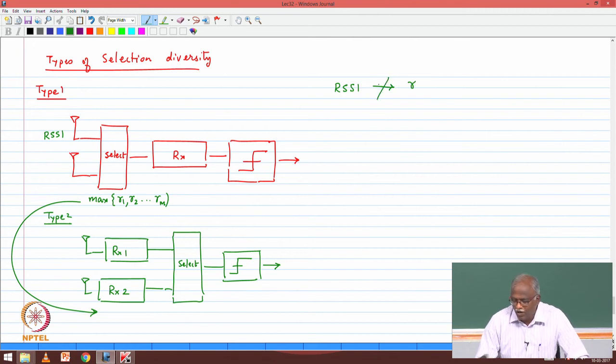Sometimes it's not a good indicator, especially if there's a lot of noise present in the system, you cannot differentiate between the two. So in this case you are selecting on the basis of the antenna, hoping that it's the same as maximum SNR. In this case, you can actually estimate SNR1 and SNR2, and then you can do the implementation more accurately, saying that, okay, I want to choose the best of these SNRs.